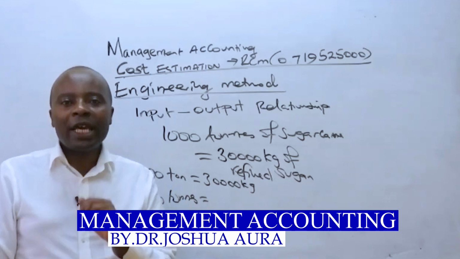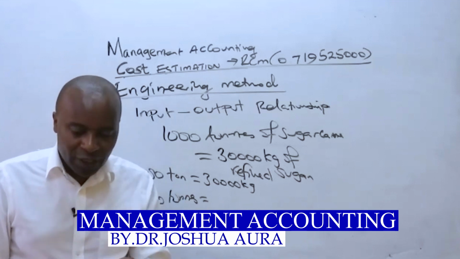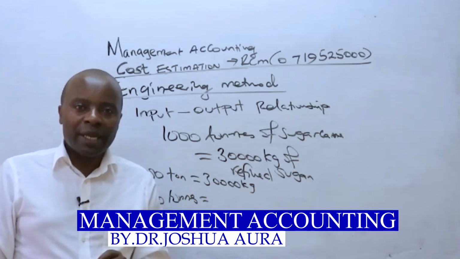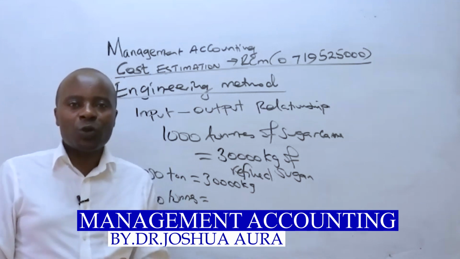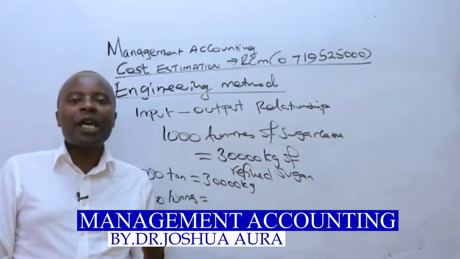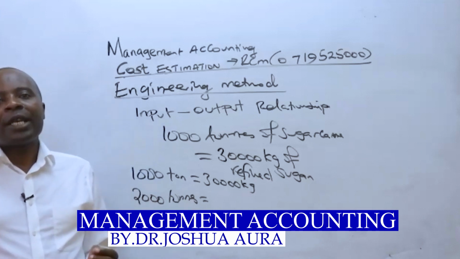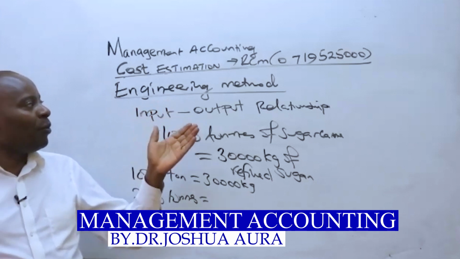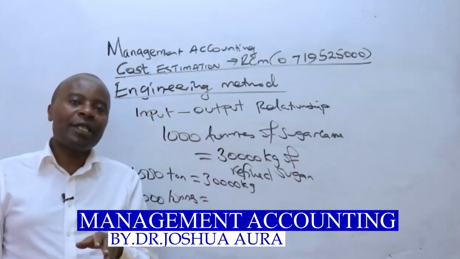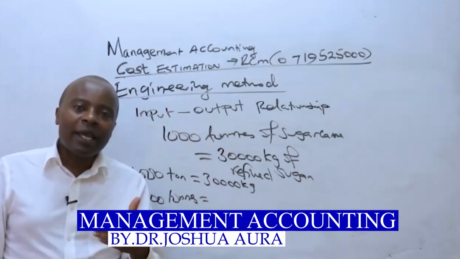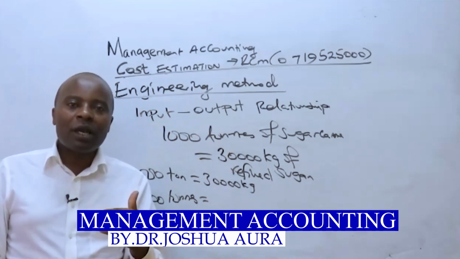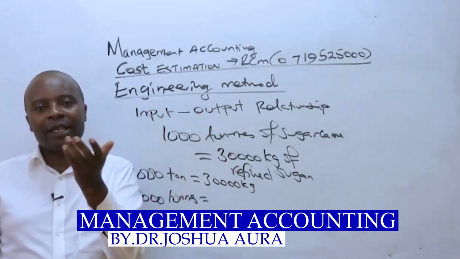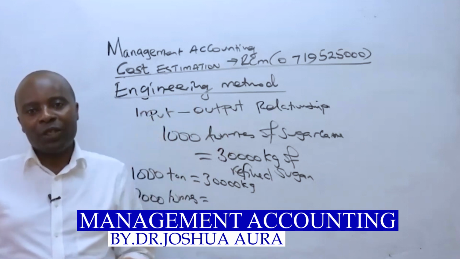And number 2, tell us, ladies and gentlemen, that it is used in situations where input-output relationships are in existence. I gave you a very good example of Mumias Sugar; a good example of farms and producing organizations which can easily use the engineering method.